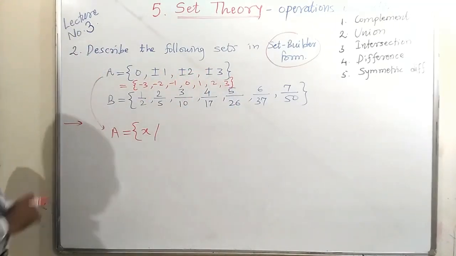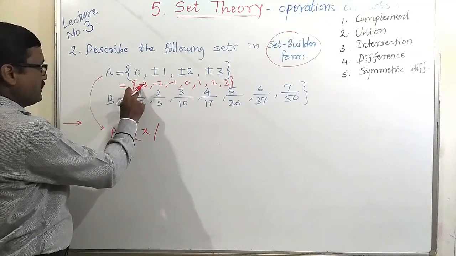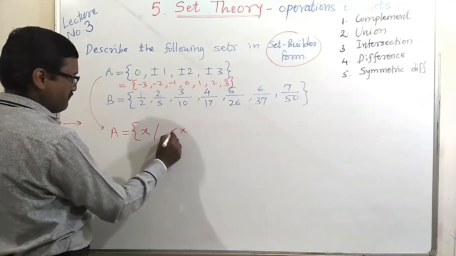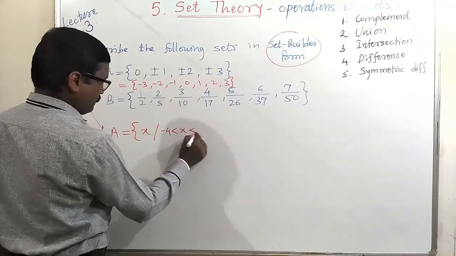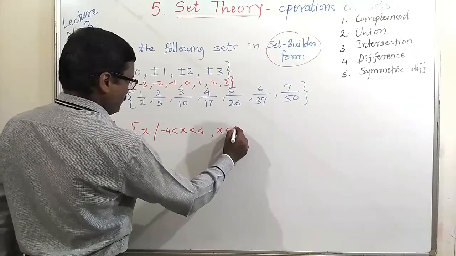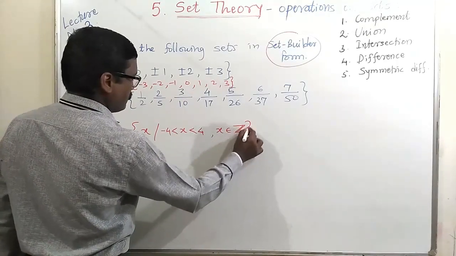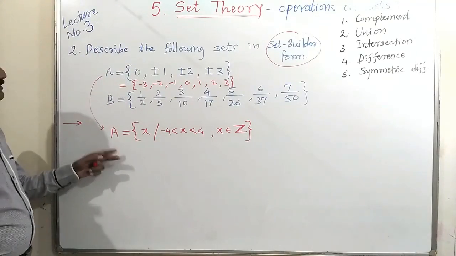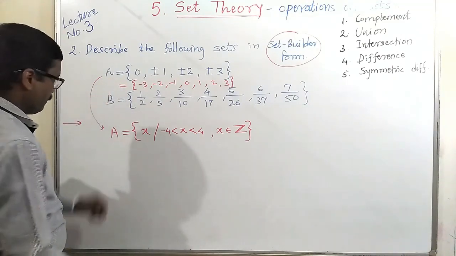The smallest integer is -3, so it is greater than -4. So here this x is greater than -4 and less than 4, where x belongs to integers. Okay, so this is the way to represent this roster form in set builder form.